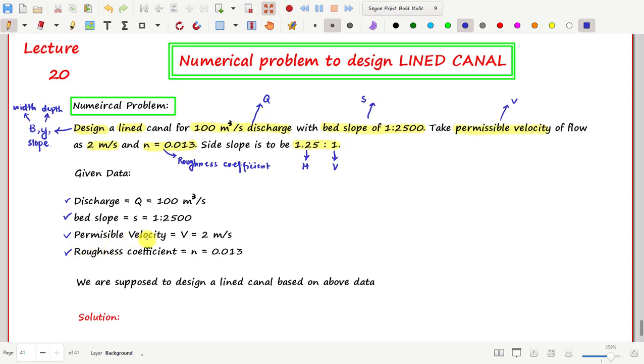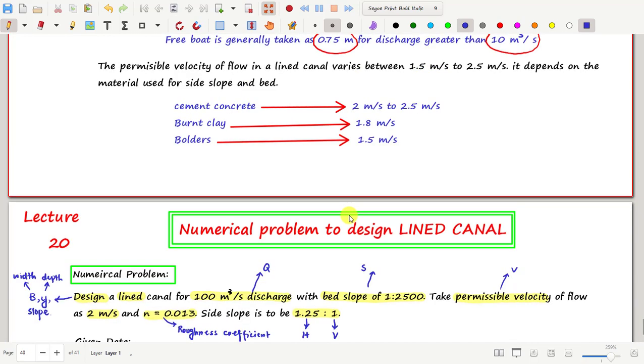So as we have discussed in the previous lecture, if the permissible velocity is 2 meter per second, what does it show? It shows the material we have used to cover the side slopes and bed of the canal, right? Either it is concrete, clay bricks, boulders, or tiles, or whatever that is.